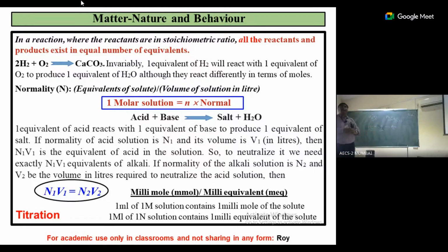So when you are dealing with moles of reaction, you have to know the balanced equation. It's a very simple balanced equation, but that can be a very complex balanced equation. It may take time. So even without having a prior knowledge of the balanced equation, if you know that in a reaction, reactants are always reacting in terms of the equivalent weight or number of equivalents.